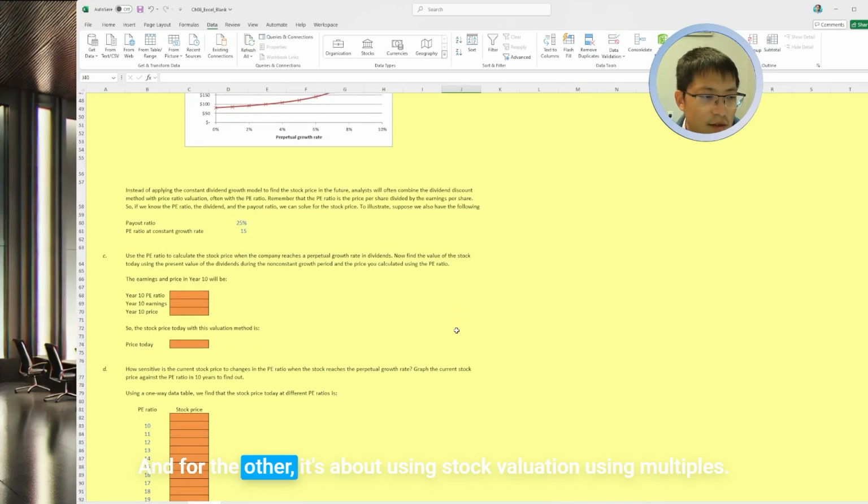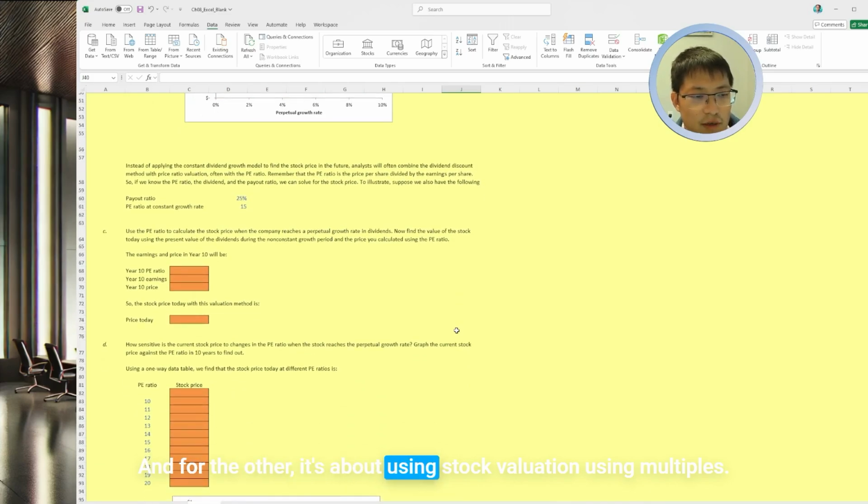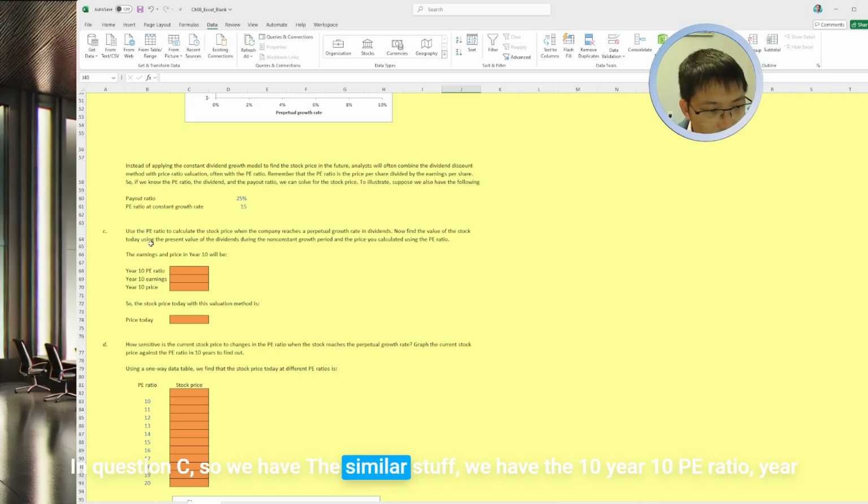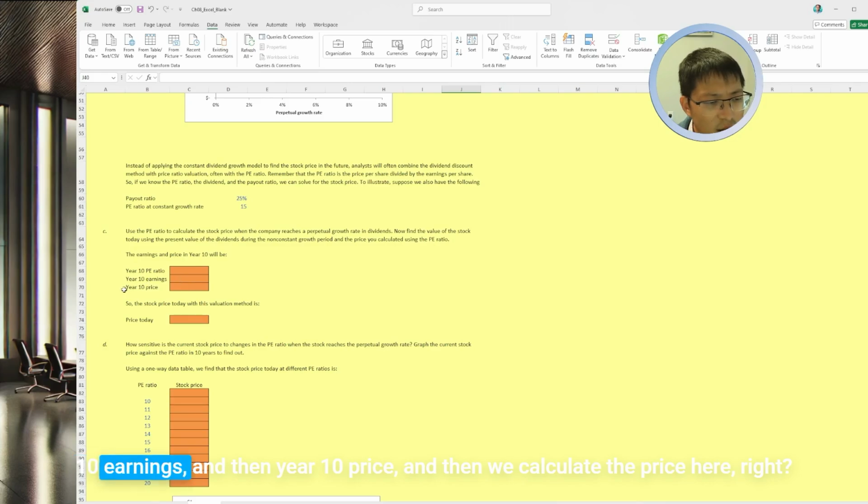And the other is about stock valuation using multiples. So in this one, we have a payout ratio of 20% and the P/E ratio is 15. In question C, we have similar stuff. We have the 10-year P/E ratio, earnings, and price; calculate the price.